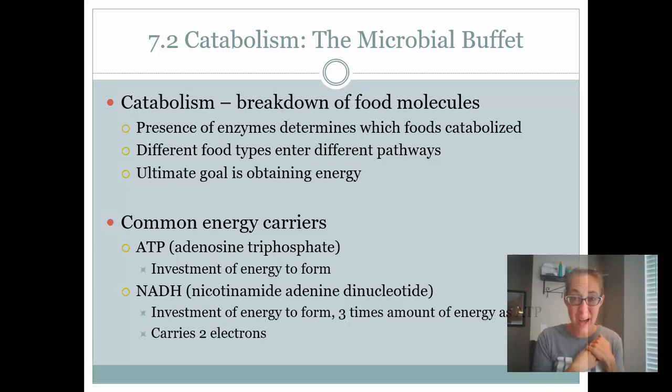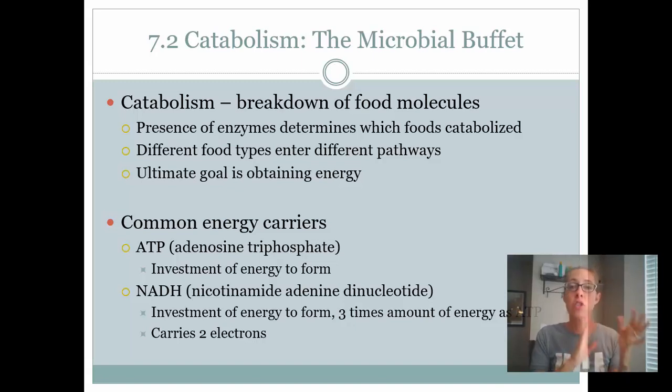And its job is to take a phosphate group and tack it on to ADP, forming ATP. We're going to see that substrate level phosphorylation produces a little bit of ATP, which is cool. But when we want to produce lots and lots of ATP, we are going to create this electron gradient, and we are going to utilize oxidative phosphorylation to make lots and lots of ATP.